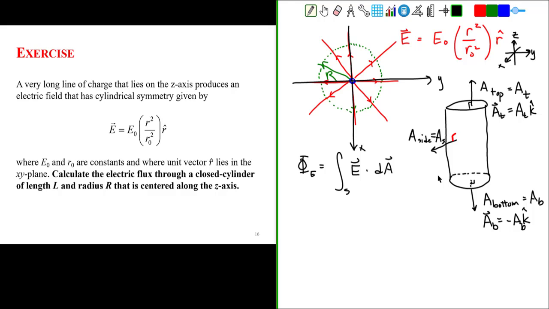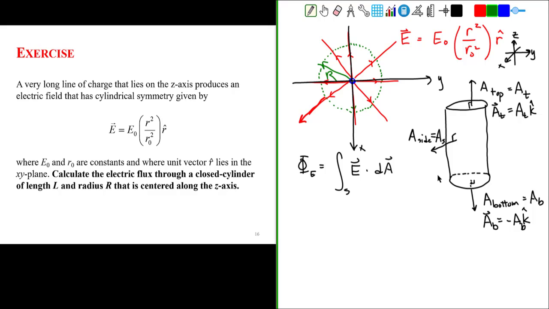Depending on where you are on that cylinder, your area vector is going to change. Right now, the way I drew it, the area vector is coming out at an angle on the cylinder.